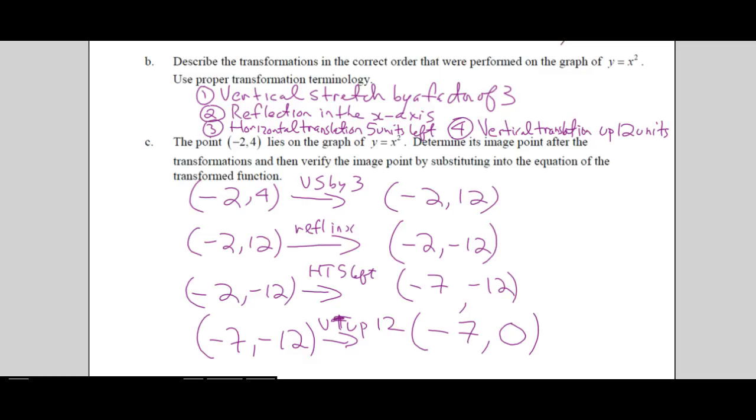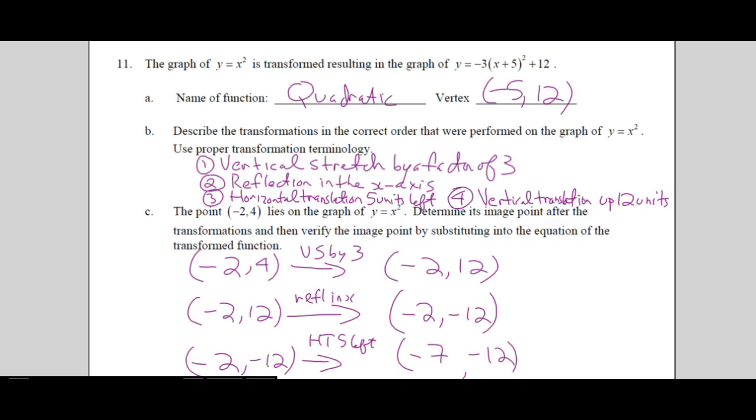There are 3 possible reflections, you've only done 1: vertical, horizontal, and in the line y equals x. Do all of the reflections. And there are only 2 possible translations, horizontal and vertical. But there's more going on, so stick to that order. Because if you reflect and then stretch, but there's a double reflection going on, or a reflection in another line, then all bets are off at that point. You're not getting the same thing that you were doing.